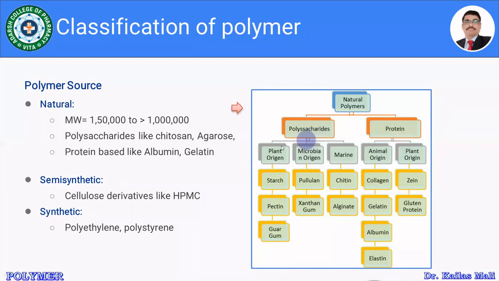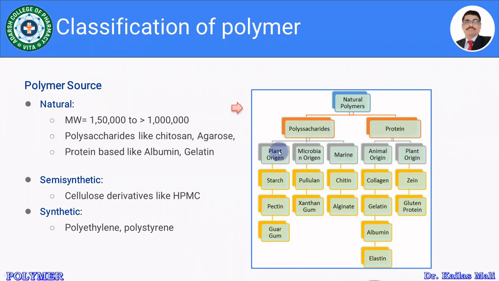Polysaccharides are further classified into plant origin, microbial origin, and marine origin.